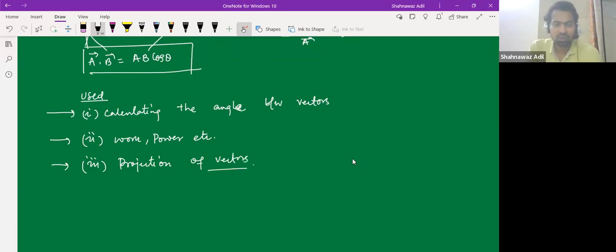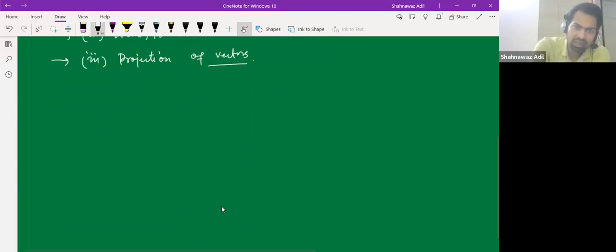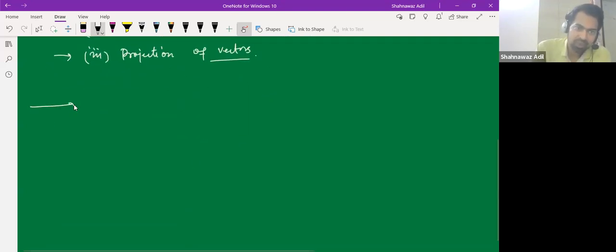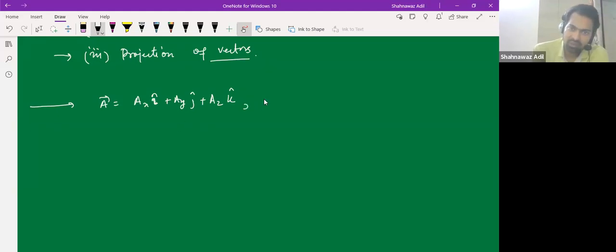Then we defined the two vectors in the Cartesian form. So we defined the vector as axi plus ayj plus azk. This is in three dimensions, and this is the Cartesian form, where i, j, k are the unit vectors in the x, y and z directions. From there we calculate the magnitude of this vector.